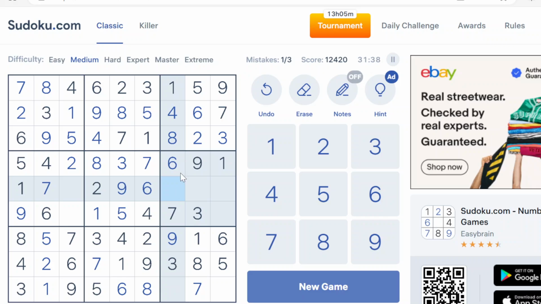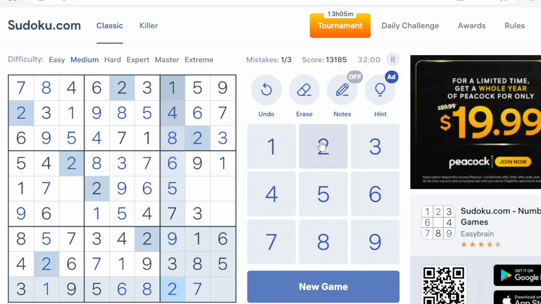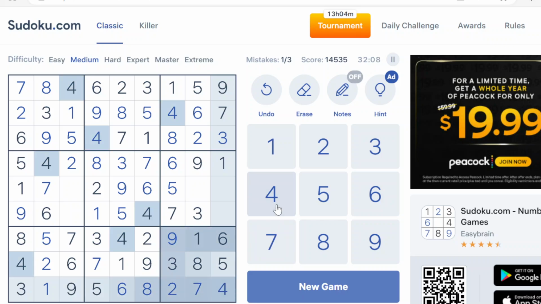So this column is missing 2 slots, and it's missing a 2 and I think a 5. So a 2 or a 5. But this row already has a 2, so this one can't be 2, so this one has to be 5. Which means then that this one has to be 2. And there's only one slot left, which is a 4.